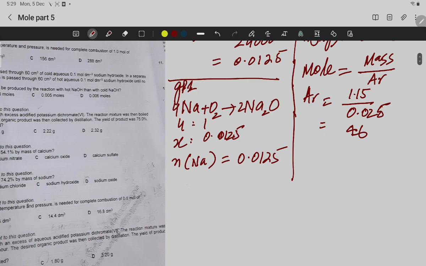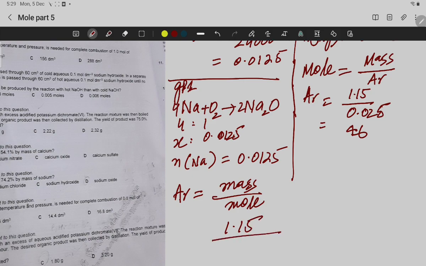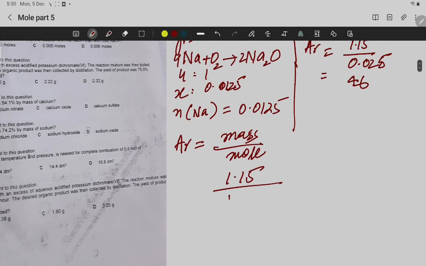So now calculate the AR for group 1, mass over mole. Mass is 1.15 divided by mole, which is 0.05.